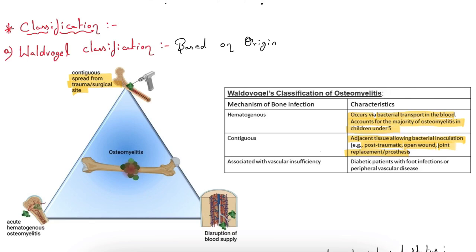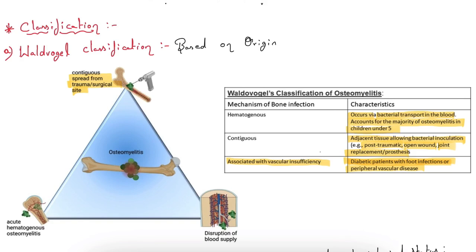It comes in chronic cases, associated with vascular insufficiency, like diabetic patients with foot infection or peripheral vascular disease. So in Waldvogel classification we saw three things. First one, hematogenous, where the bacteria enter the bloodstream. Second one, contiguous focus.